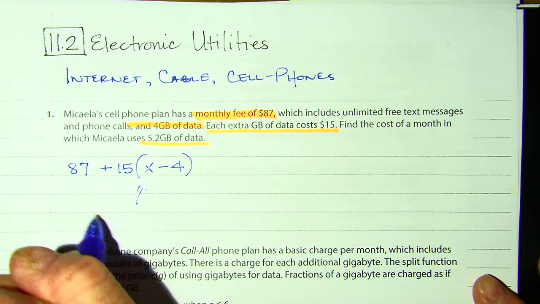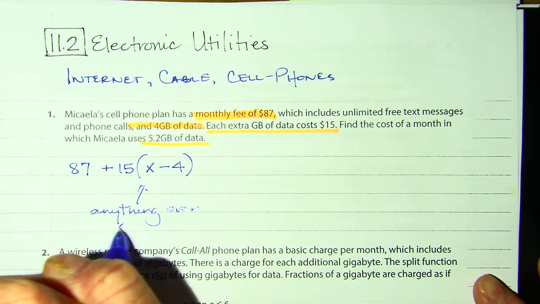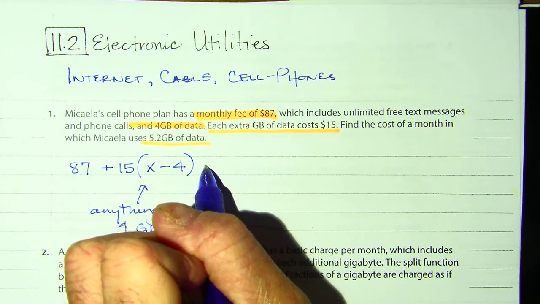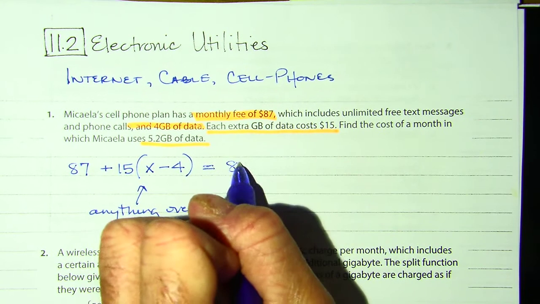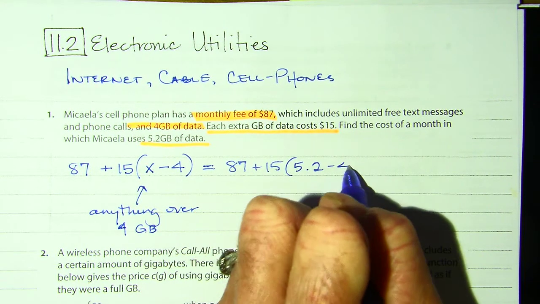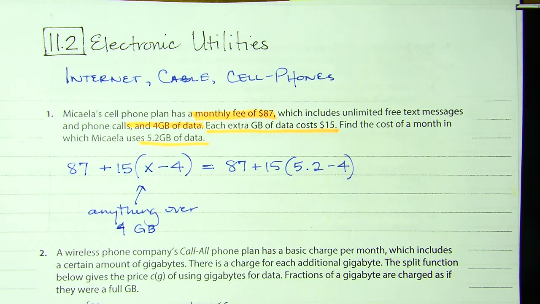This is anything over 4 gigabytes. Now in this case, she used 5.2. So I'm going to plug that in, 87 plus 15 times 5.2 minus 4, because she's going to get charged extra money.